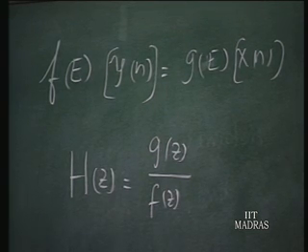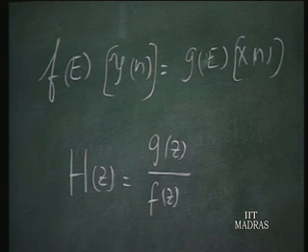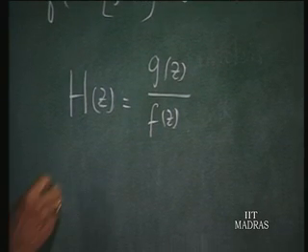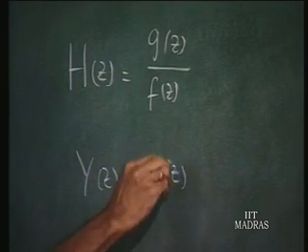We also observed that H(z) is the z transform of the impulse response of the system, and that for any given input x(n) whose z transform is X(z), the output z transform is obtained as Y(z) is H(z) times X(z).